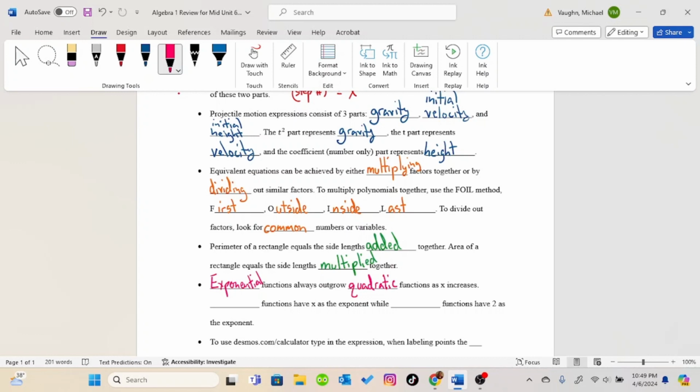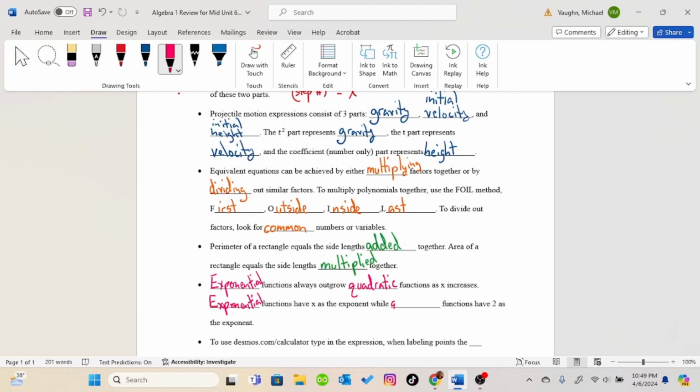And blank functions have x as the exponent, while blank functions have 2 as the exponent. Well, if you're looking at these two, the exponential function has the x. That's why it can outgrow the quadratic.